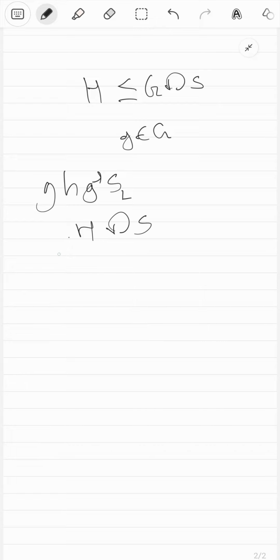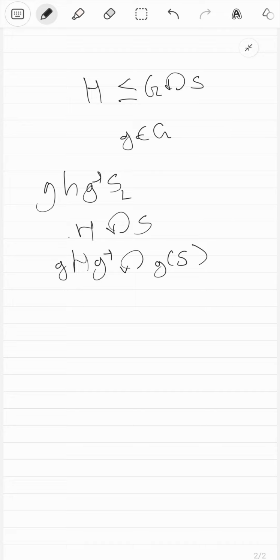The conjugate of H, g H g inverse, is now actually going to act on g of S, right? If that makes sense. So it acts precisely the same way. It's exactly the same, except that the numbers are different.